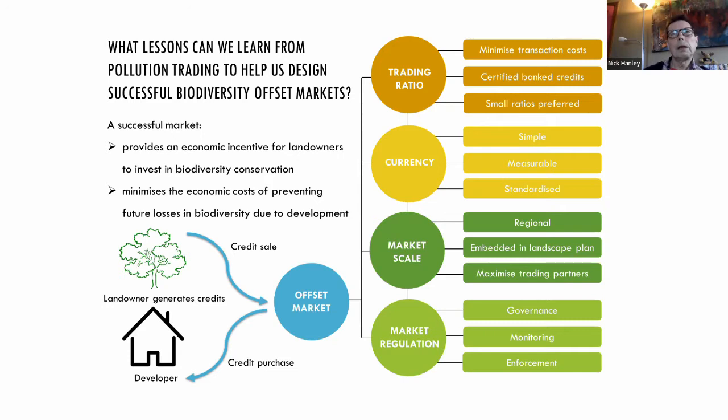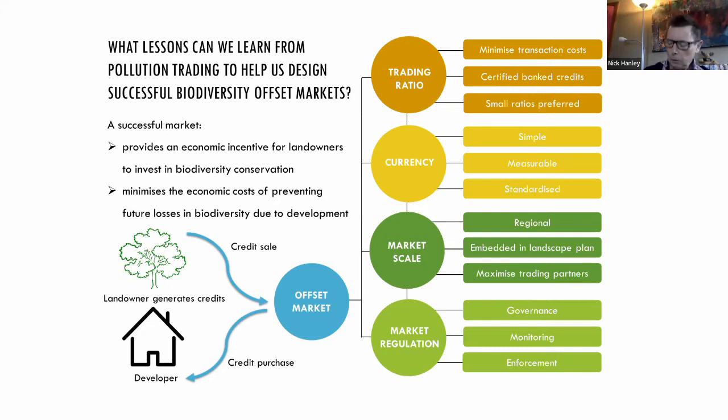So what we'd really like to know about is what's the kind of exchange rate between actions which reduce biodiversity in one location and actions which increase biodiversity at some other location. So that trading ratio is going to be really important.